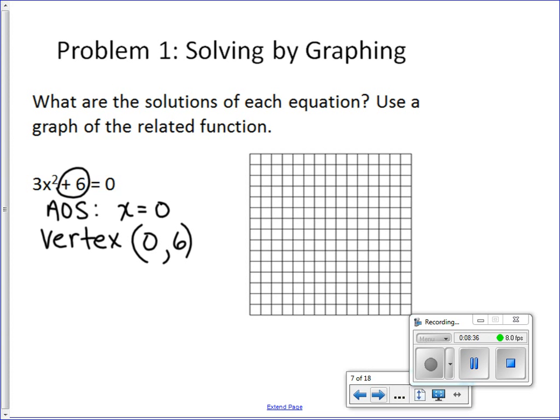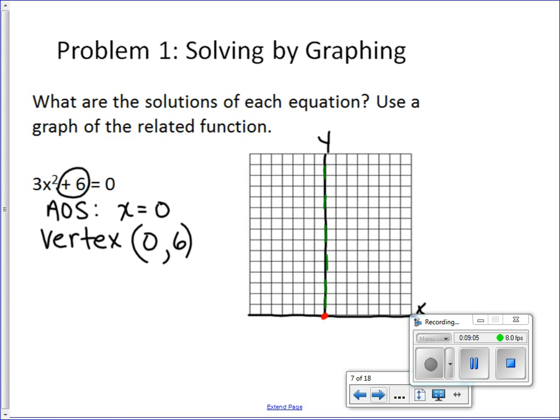This is going to go up, so I'm going to put my x-axis down here, and I'm going to put my y-axis kind of down the middle, and I'm going to plot my vertex, 0, 0. And just for a different color so we can kind of see, here's my axis of symmetry along the y-axis at x equals 0.